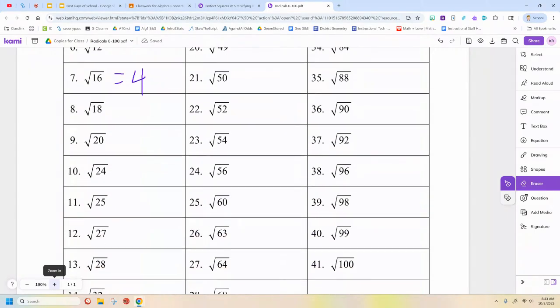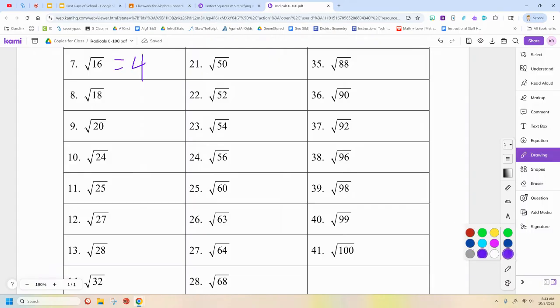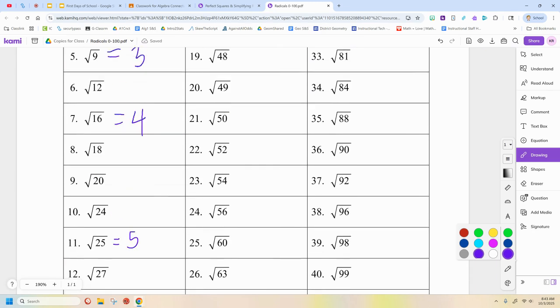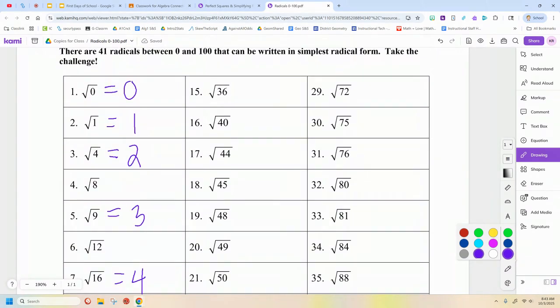All right, so I just did that. I go down to 25. That's equal to 5. I've got to find 36. It's at the top of the next column, I hope. That one's equal to 6. And so you can see they're getting farther and farther apart now. Oh, here's 7.